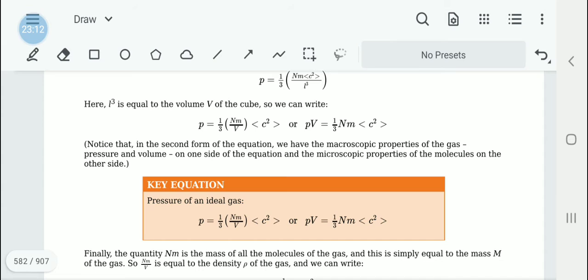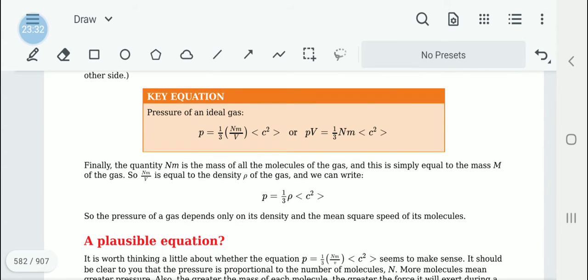Right. So the pressure of an ideal gas can be expressed in two equations: P equals 1 upon 3 nm upon V times the average c squared, or PV equals 1 upon 3 nm times the average c squared. So nm is the mass of all molecules of the gas, and it is equal to the mass capital M of the gas, right?